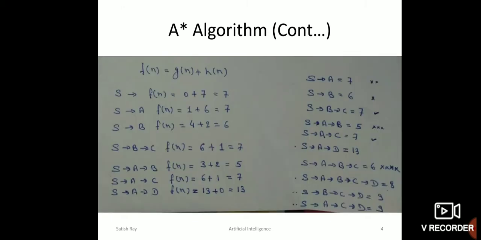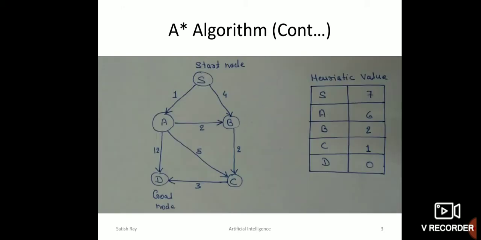First we are calculating S to A. The f of n for S to A will be 1 plus 6. S to A has g of n value 1, and for node A the h of n is 6 as given in the table.